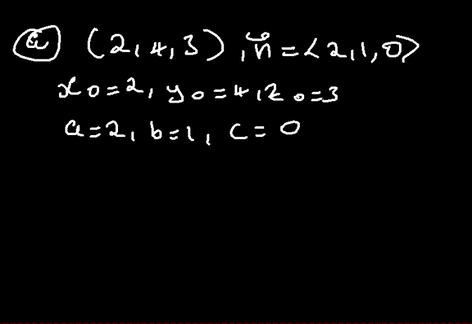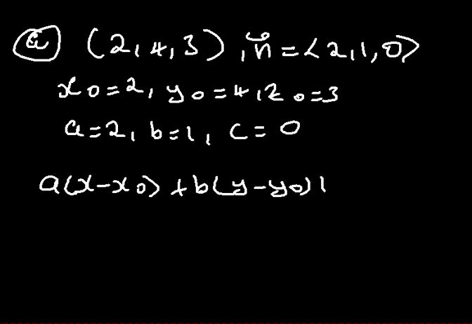And what is that one? So first, we express it as a scalar equation, that is a times (x minus x naught) plus b times (y minus y naught) plus c times (z minus z naught) equals 0.